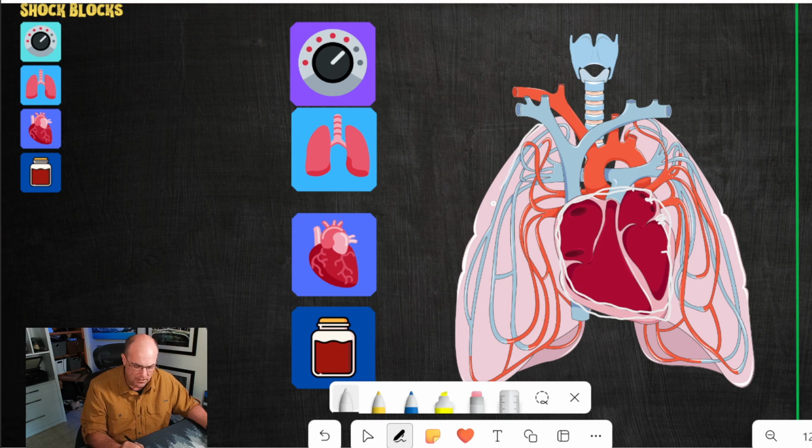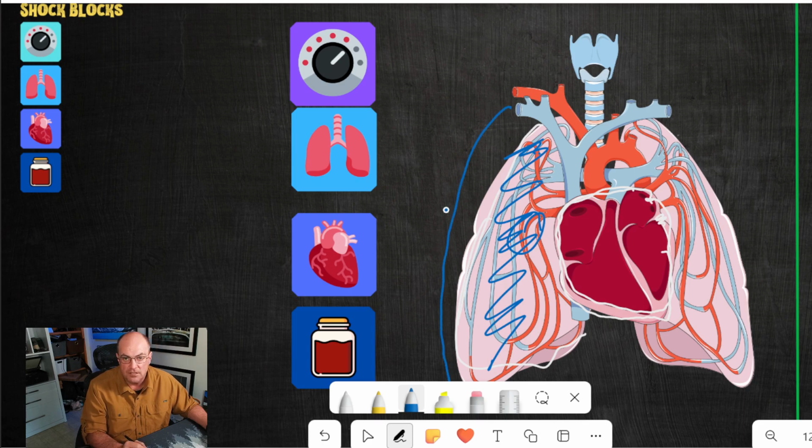As you can see here, this is our lung section. If this lung gets collapsed, and we have that chest wall, which is totally sealed in, then as air fills into this area, it will shift and put pressure against the heart, making it harder for the heart to beat.